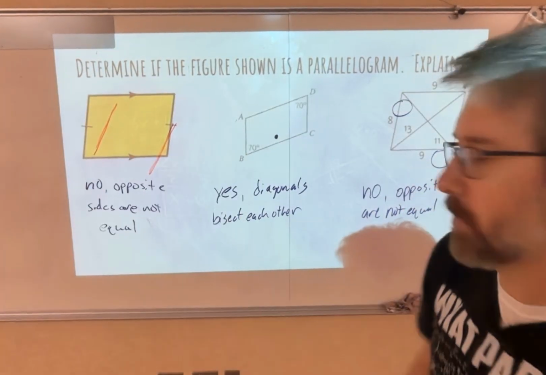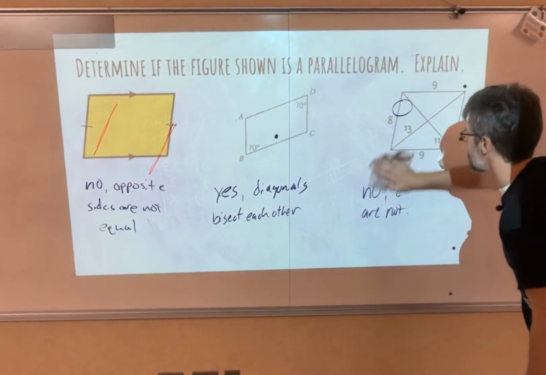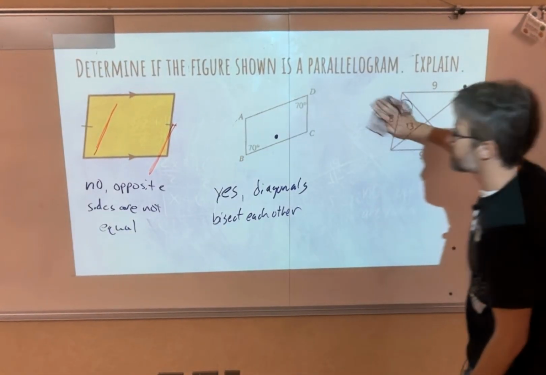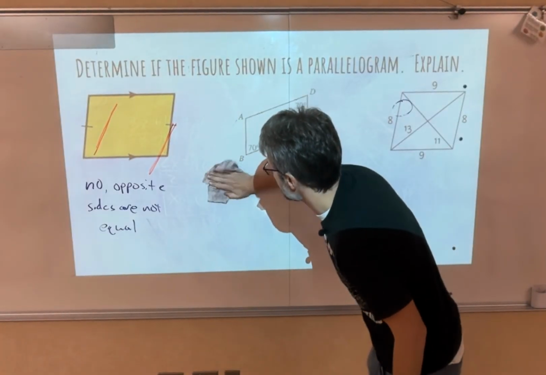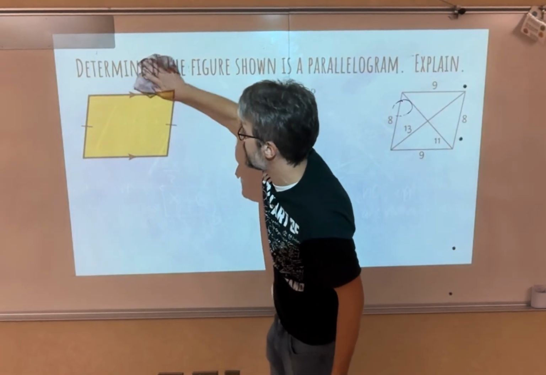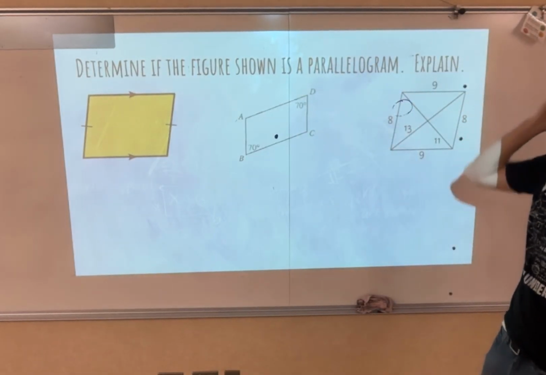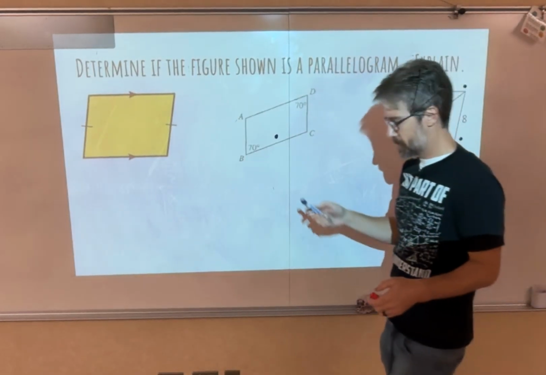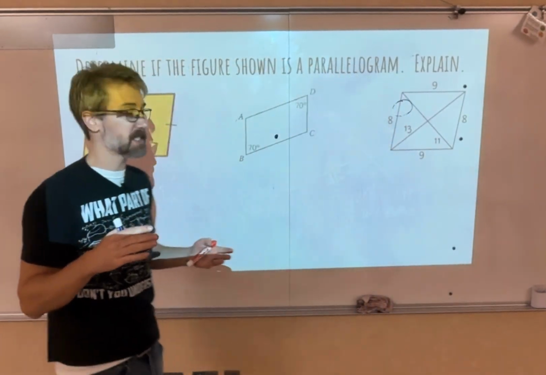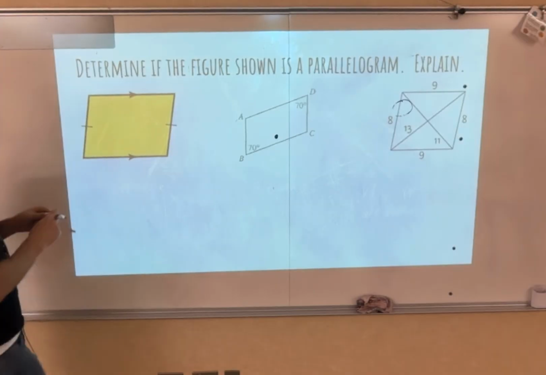All right, a few more. So looking at these ones, we're going to talk a little bit about, in these examples, how you can't always trust the diagram, like the shape of it. You have to just focus on the information that's there. So looking at this one, I've got some parallel sides and I've got some equal angles, but I don't have enough information here.